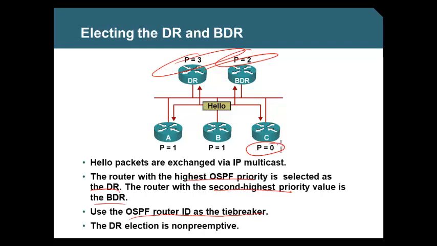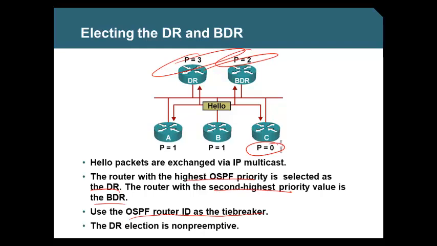Once DR and BDR are elected, whatever superior hello packet comes, what is a superior hello packet? The hello packet with priority 10. Priority 3 is the DR here. But if a router comes with a hello packet priority 10, can A become DR?